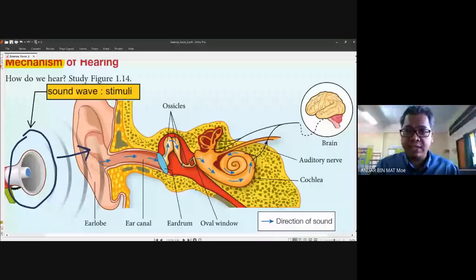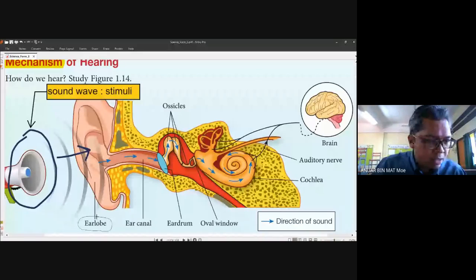Right now we are only going to learn the mechanism, or how we hear. You can see the label here. This is the earlobe. What is the function of the earlobe, class? Anybody can tell me?